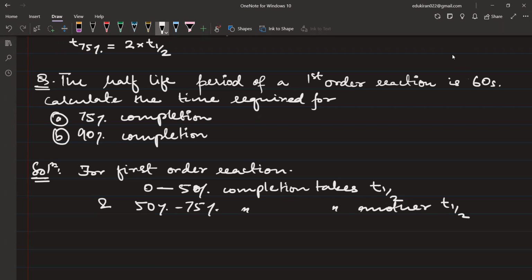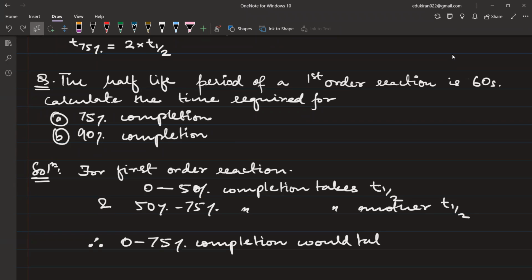T half क्या है? Time है. Therefore, 0 to 75% completion would take twice of T half.